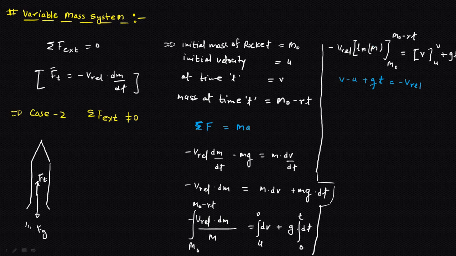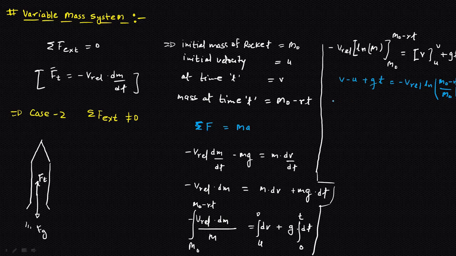Now ln A minus ln B can be written as ln A by B. So this is ln of m naught minus rt divided by m naught.